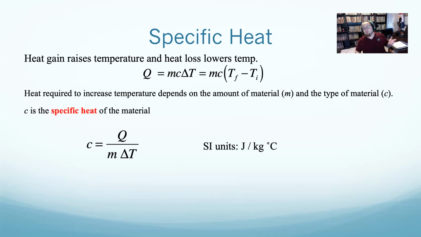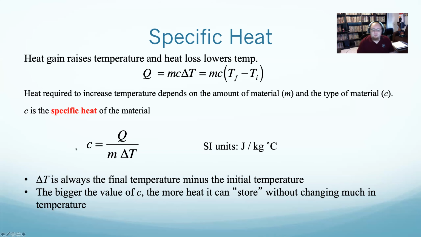Insulators or water have very high specific heats because it's hard to change their temperature. But that's the equation: the heat required is mc delta T. Delta T is always final temperature minus initial temperature. And once again, the bigger the value of C, the more heat it can store without changing in temperature, aka the more heat you need to change the temperature. Any questions so far?